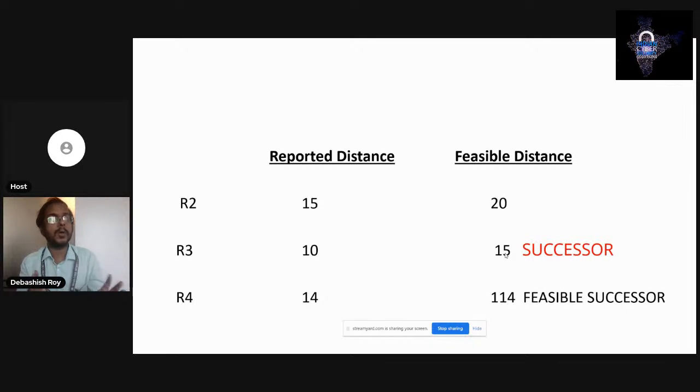It cannot be equal either. That is why R4 is the feasible successor, because the reported distance of R2 is 15, which is equal to the feasible distance of R3. So it is not qualified as a feasible successor. Only R4 is qualified.